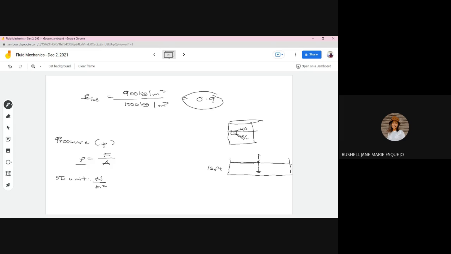Yes, ma'am. So that is actually due to the changes in the elevation or the depth. So, pressure is equal to force per unit area.